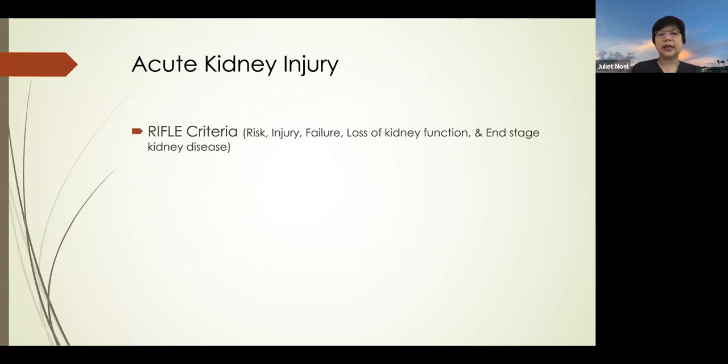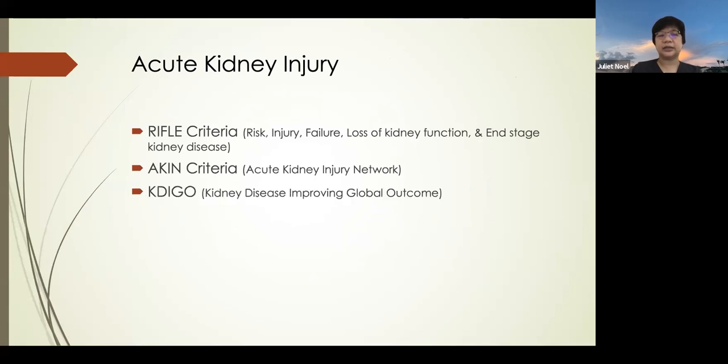For the staging of AKI, there are actually three that we use: the RIFLE criteria, the AKIN criteria, and the KDIGO. The RIFLE is the first one, in the early 2000s. RIFLE means risk, injury, failure, loss of kidney function, and E is for end-stage kidney disease.